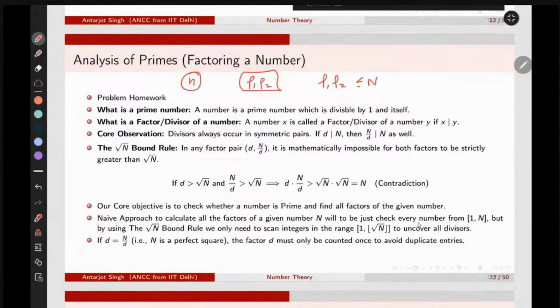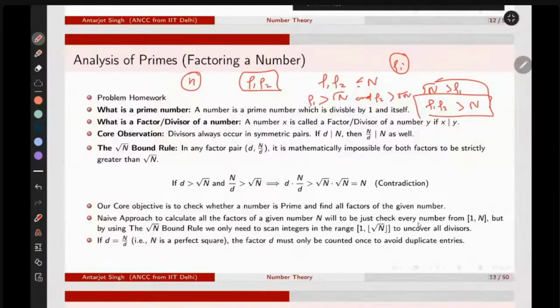We are finding the upper bound for the factors. If both of the factors are greater than root n, then the product would be greater than n, which would be a contradiction.